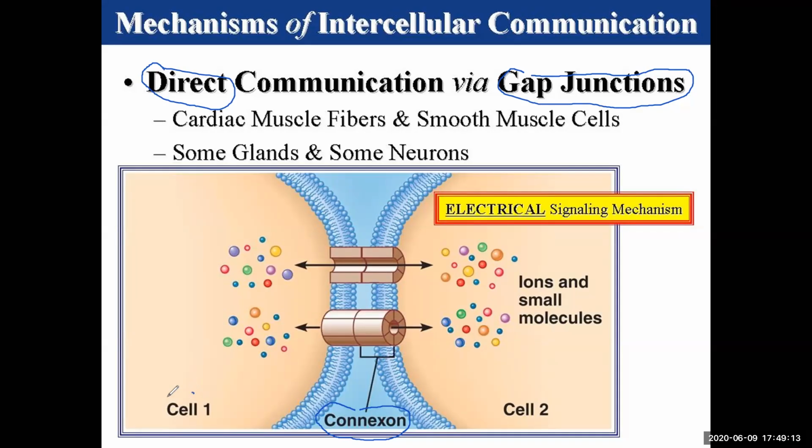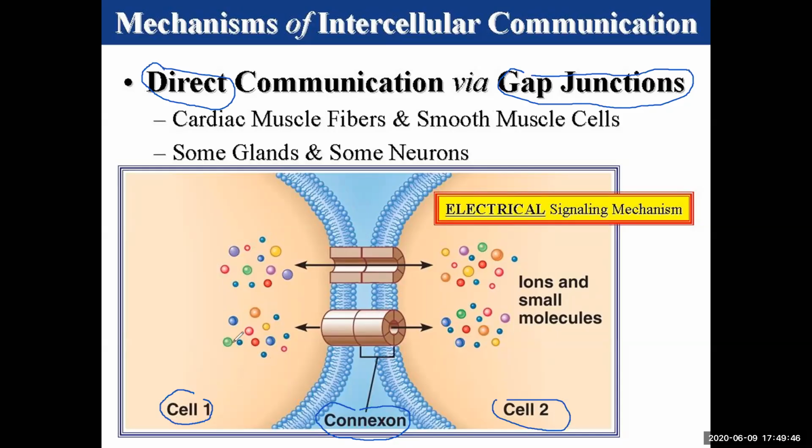So we have cell number 1 and we have cell number 2. The two cytosols are continuous with one another through these gap junctions. Okay? And this makes electrical signaling possible between the two cells. And this mechanism is important for very specific cells.